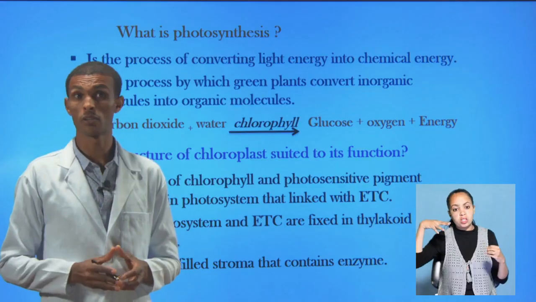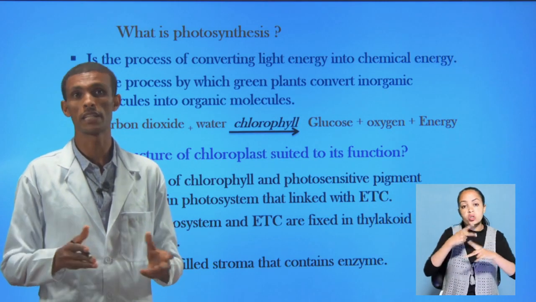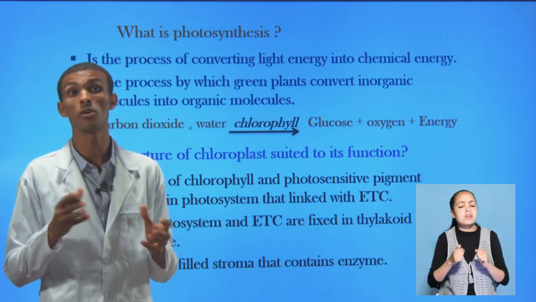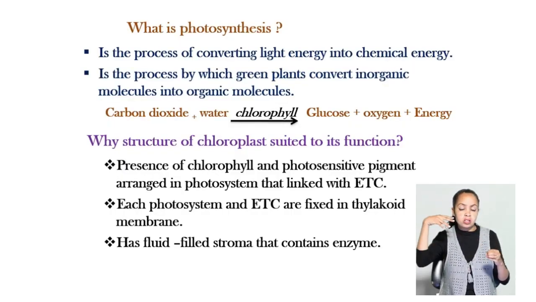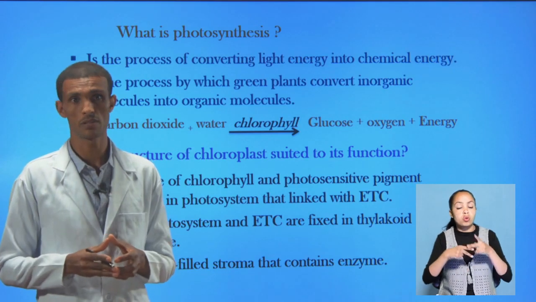Photosynthesis is the most important process involved in energy transformation. It is one important process that nourishes the ecosystem. It is the process by which green plants convert light energy into chemical energy. A process of energy transduction takes place.